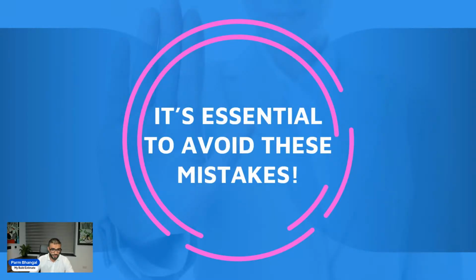It's obviously essential to avoid these mistakes. It's easily done sometimes. Like I said, when you're busy and you've got a lot to do, you can make mistakes. You drop the ball. You're too busy to look at this stuff. You're drowning in paperwork. But avoiding these mistakes will help you become more efficient and more profitable, which is what we're all here for.